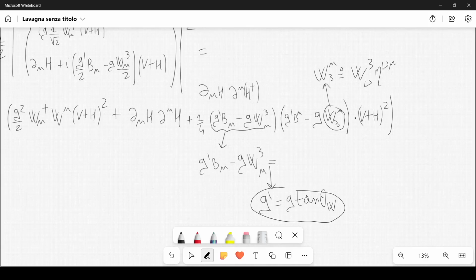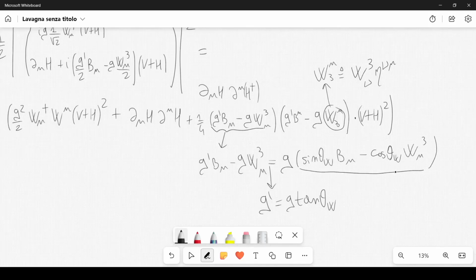If we use this relation, we can write this as g times sine of theta W B mu minus cosine of theta W times W mu 3, like this, and then we divide, of course, by the cosine of theta W here.